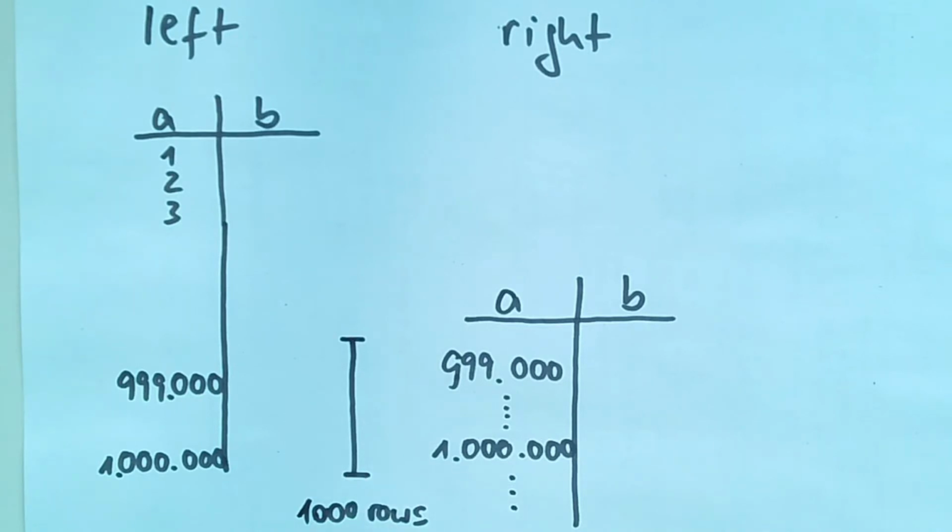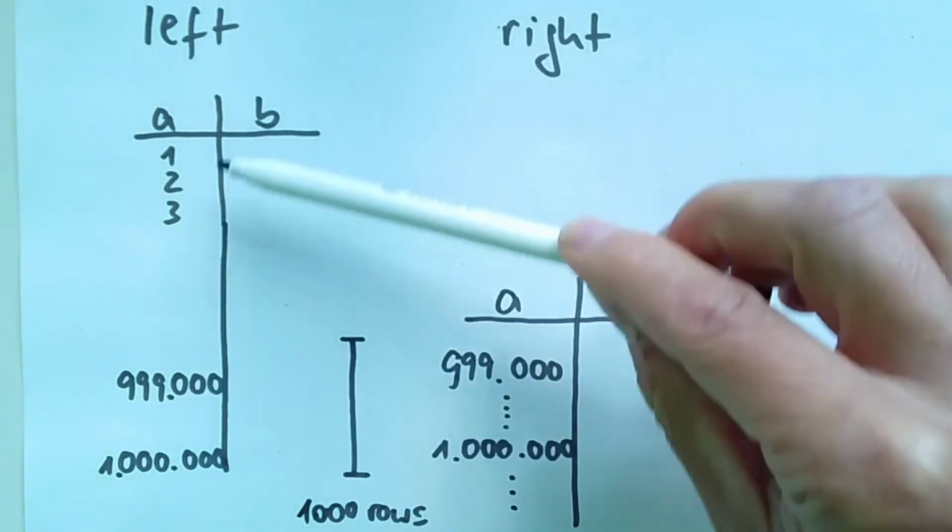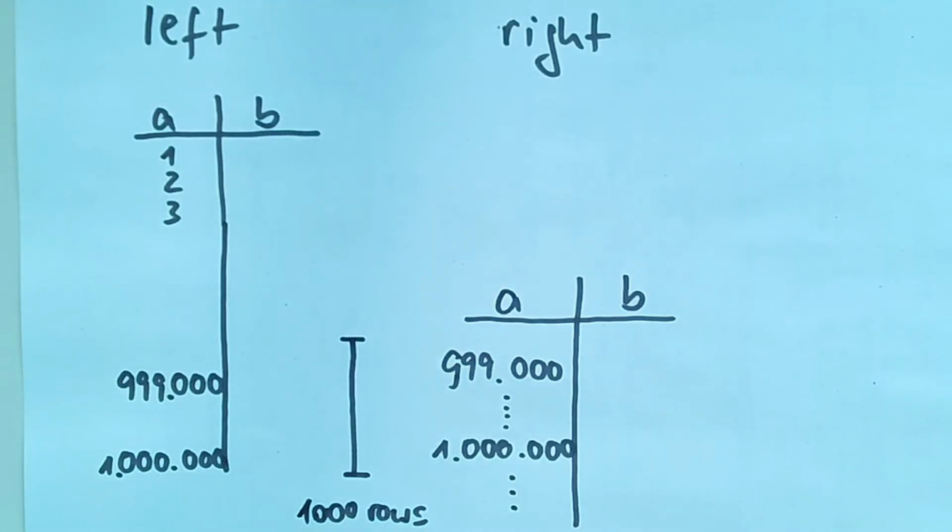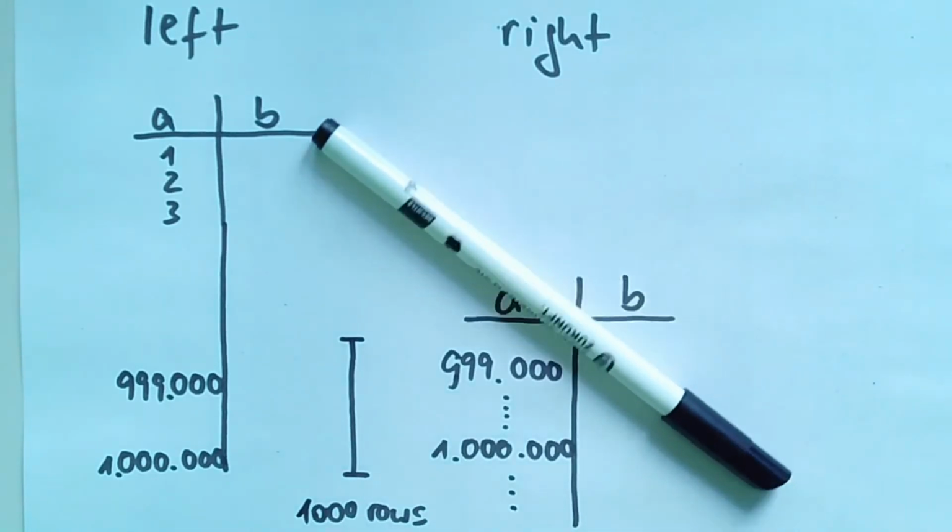No join results are produced in this upper part of the left table, and no join results will be produced if we scan beyond this 1 million value here. All of these values are larger than any value in the A table, so no join partners can be found there. This is the value distribution in the left and right tables. So much for that.